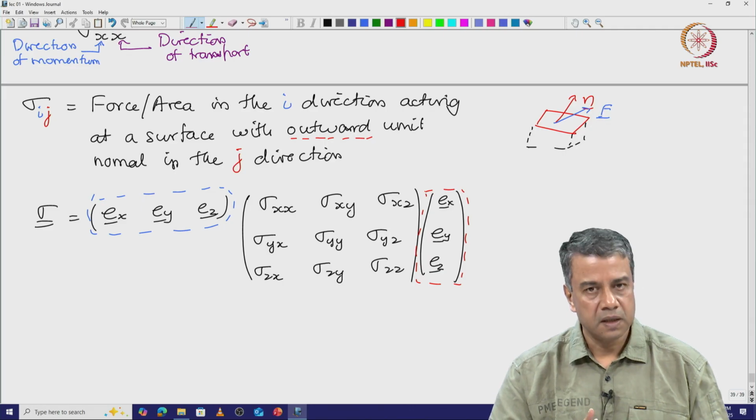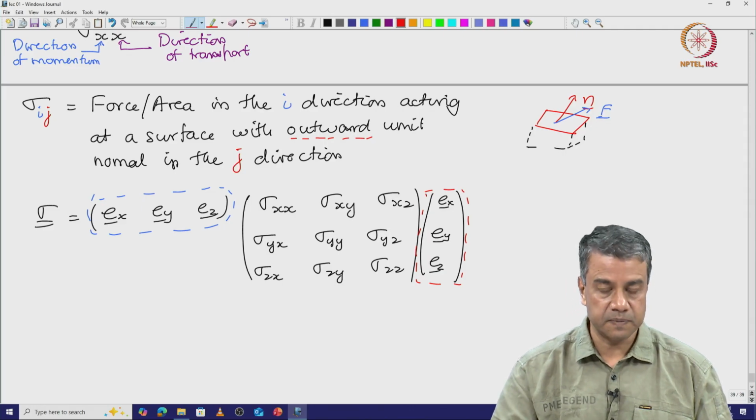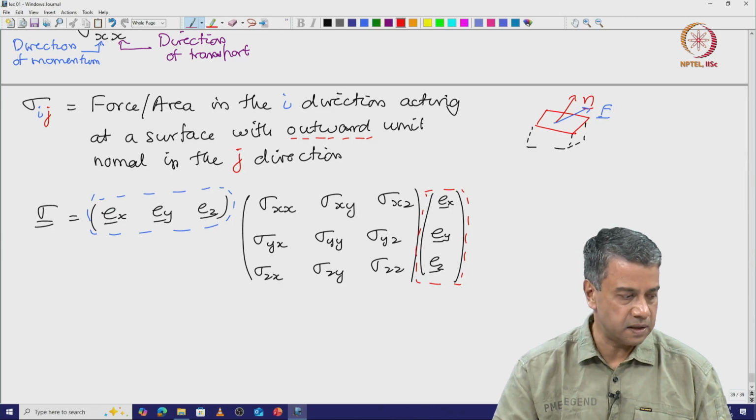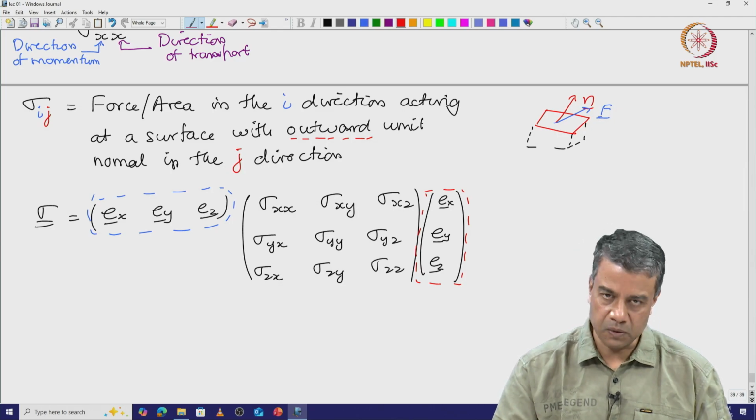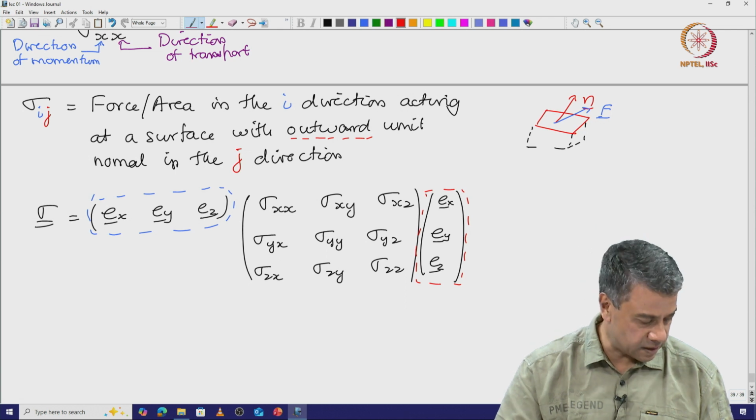So, that is the definition of the stress: sigma ij is force per unit area in the i direction acting at a surface whose outward unit normal is in the j direction.